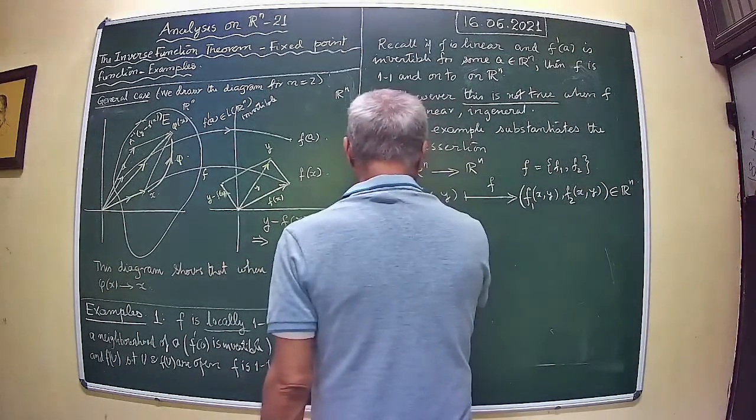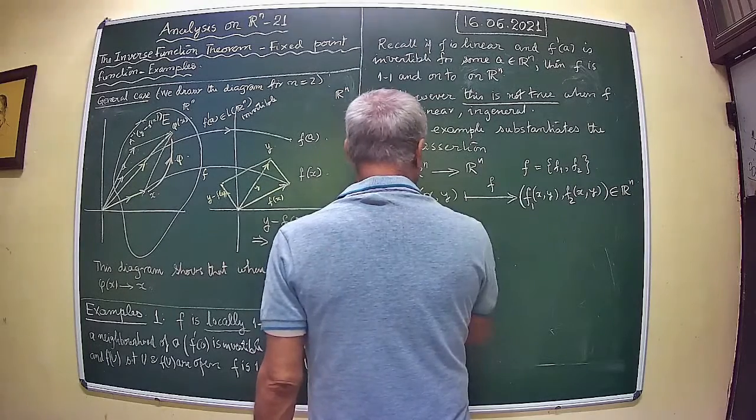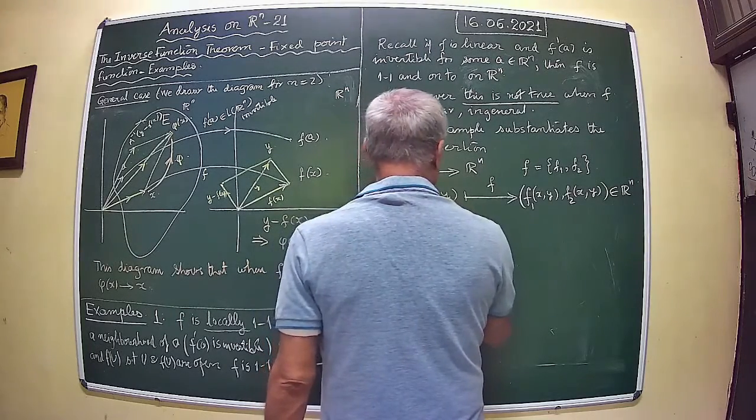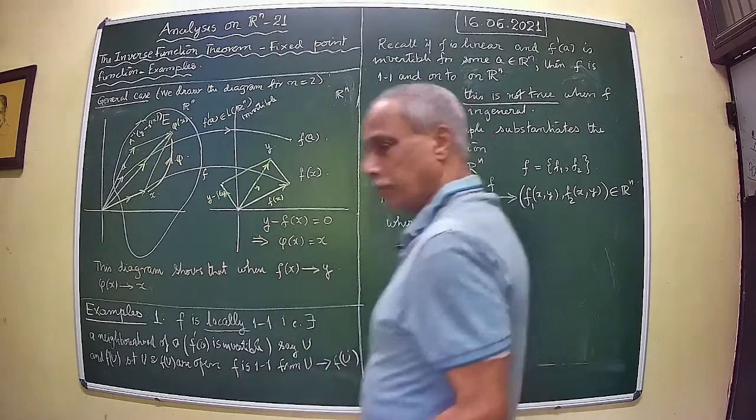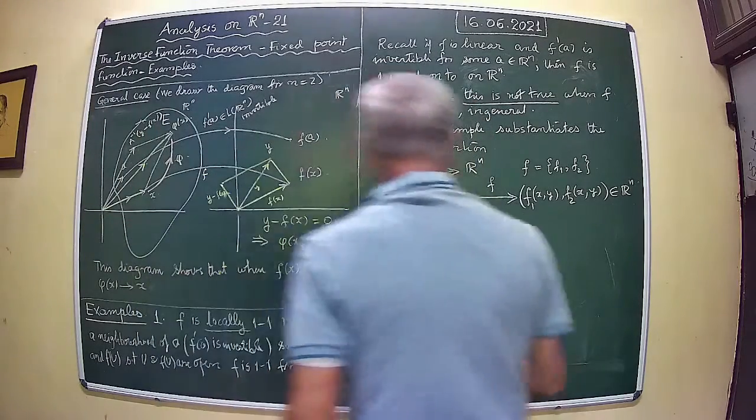where f1 of xy is e to the power x cos y.